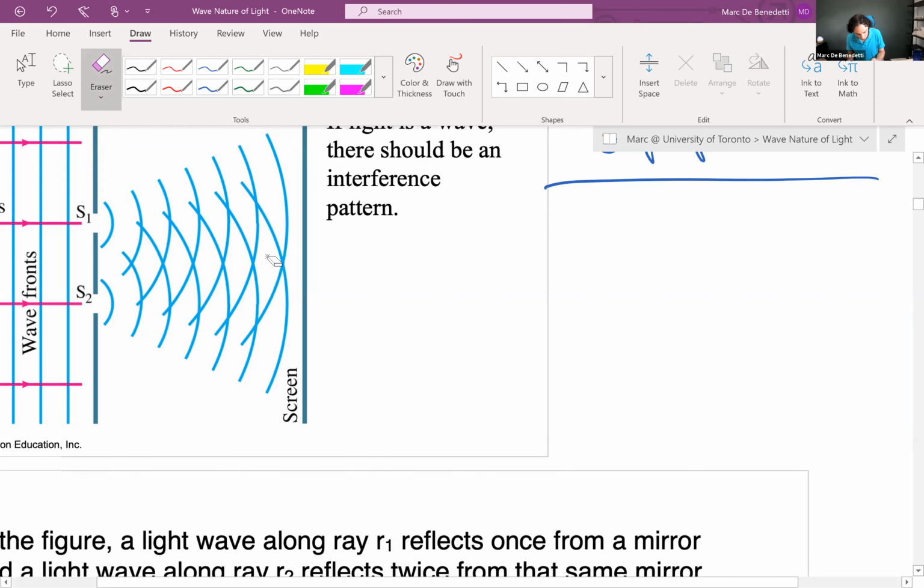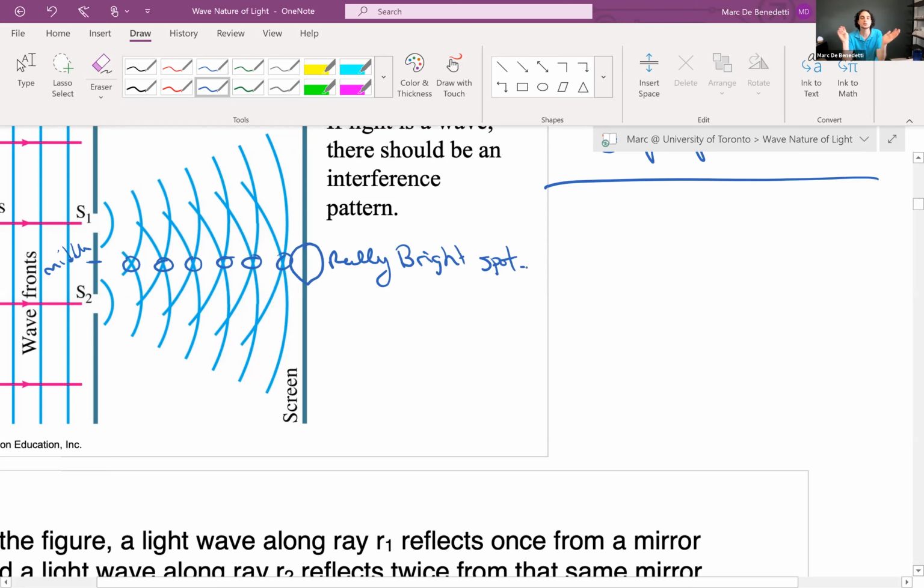So all the way down the middle, they're going to intersect with each other in a constructive way, superimpose, and you're going to get a really bright spot.